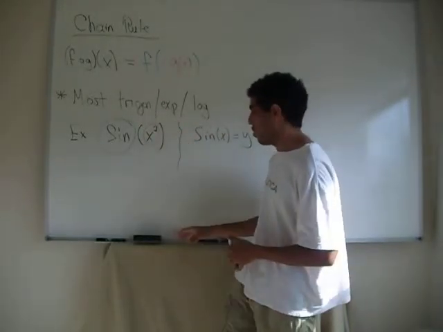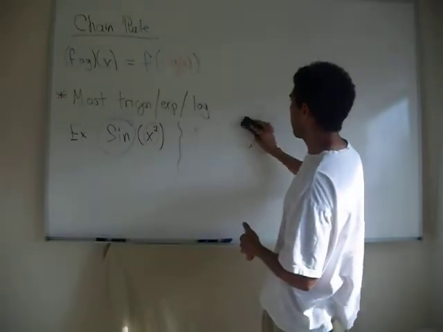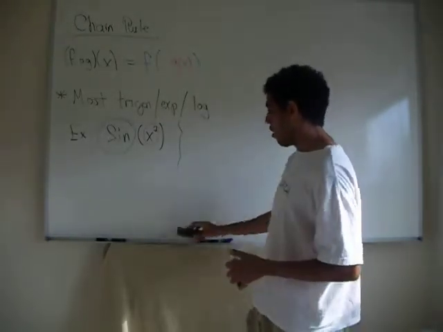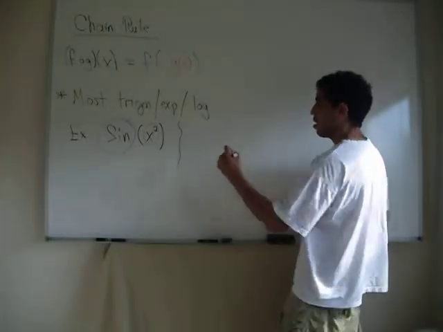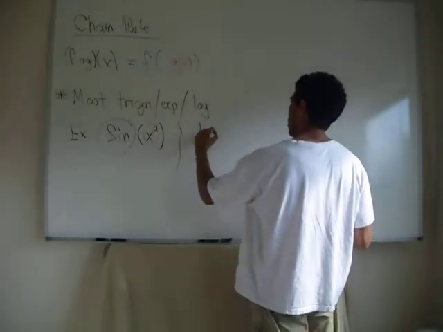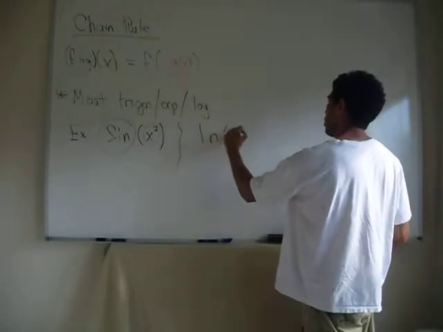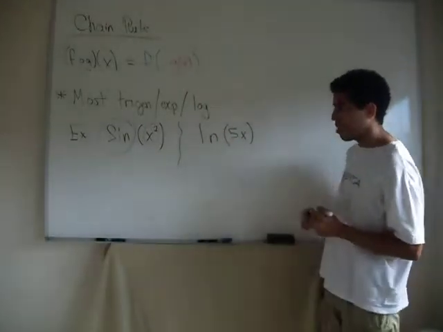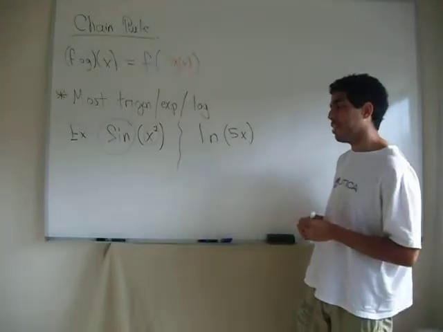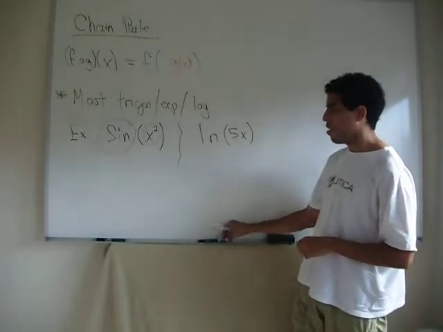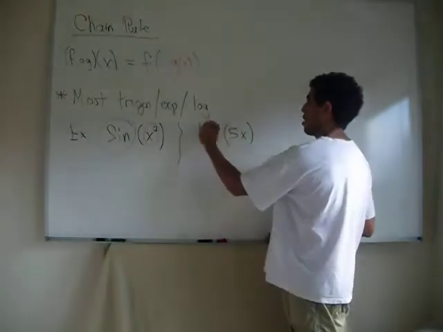Okay? So, let's make another example. Say we have a logarithmic function, for instance, natural logarithm of 5x. Is this a composition of functions? Yes, there's two functions happening right here. The first one, the major one, is the logarithm.